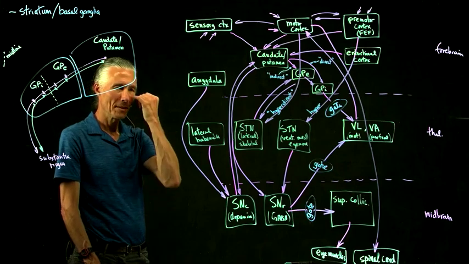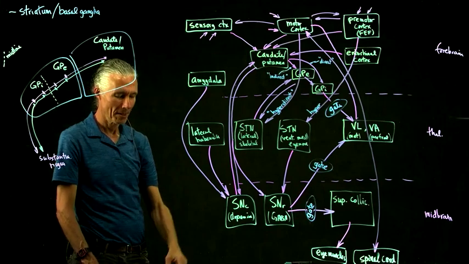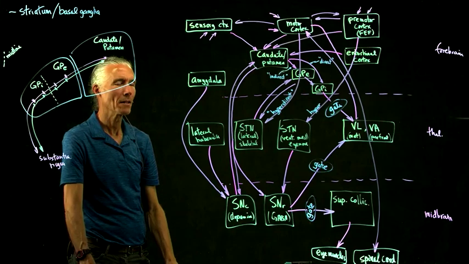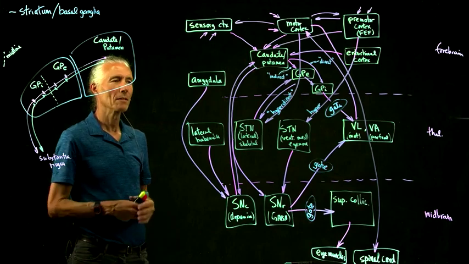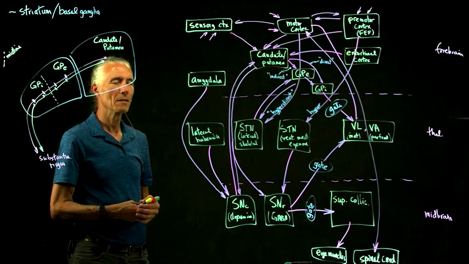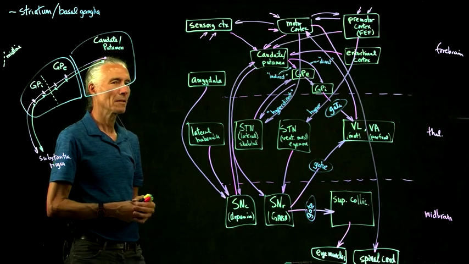Yep. Just real quick, when you were talking about a subthalamic nucleus lesion, I think I just missed it, but were you saying that the thalamus would be overactive and the globus pallidus would be underactive? Yeah.